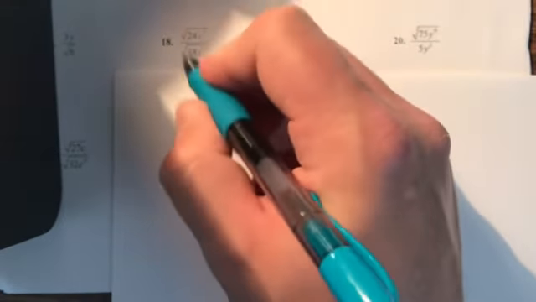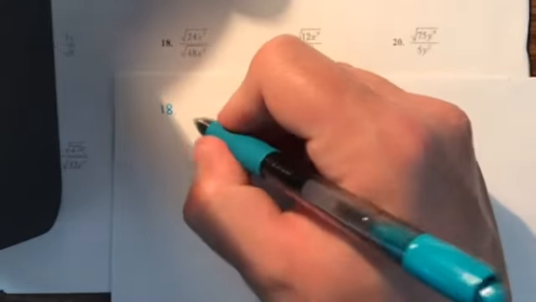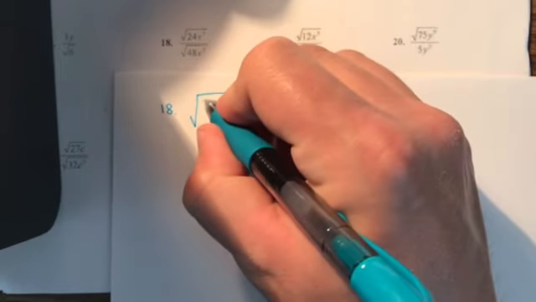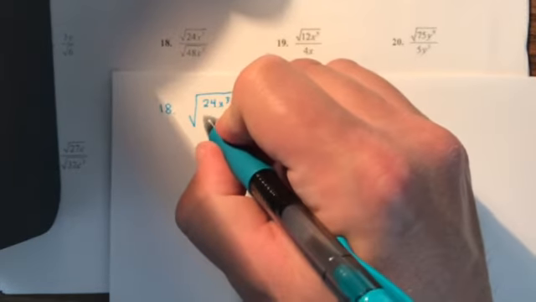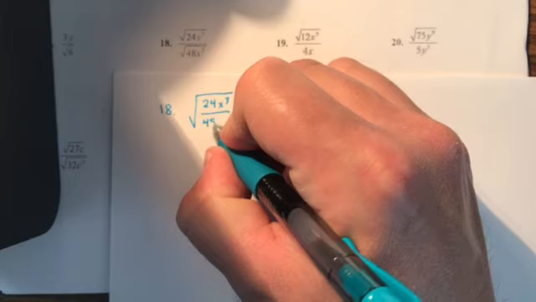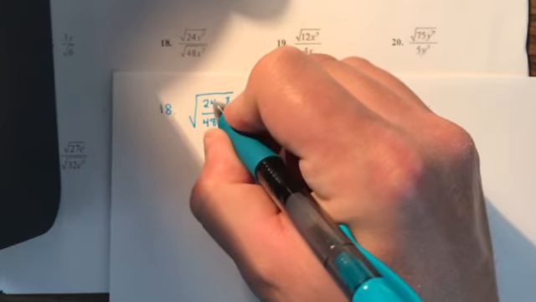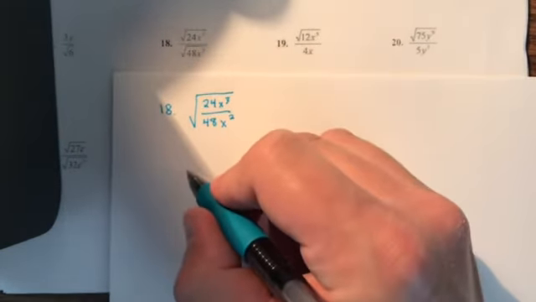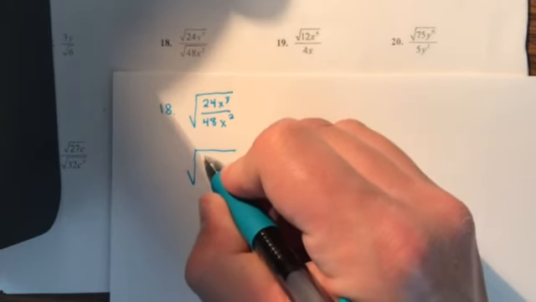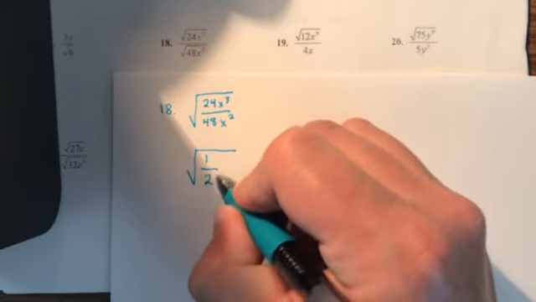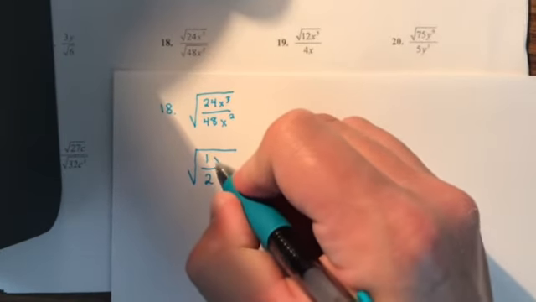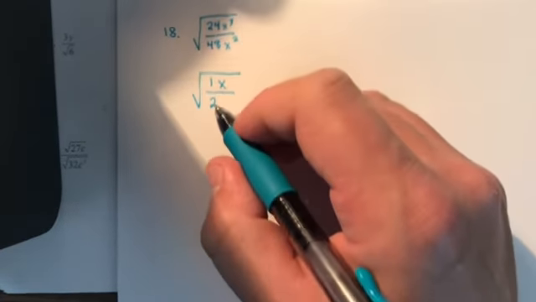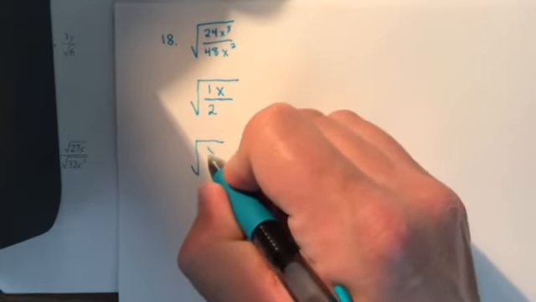Just like on problem number 8, I can think about this as a fraction, and I'd like to simplify that fraction first to make my life as easy as possible. 24 over 48x squared. 24 over 48 just simplifies to 1/2. And x cubed over x squared just simplifies to an x in the numerator. So I might even rewrite this as just the square root of x over 2.